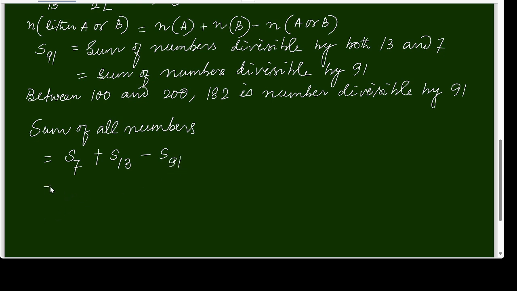So this equals 2107 plus 1196 minus 182. If we calculate, it will be 3121.